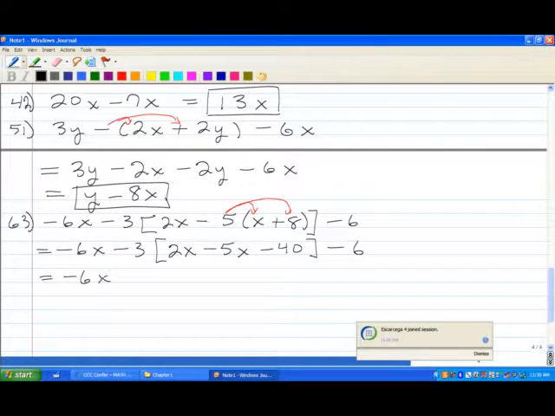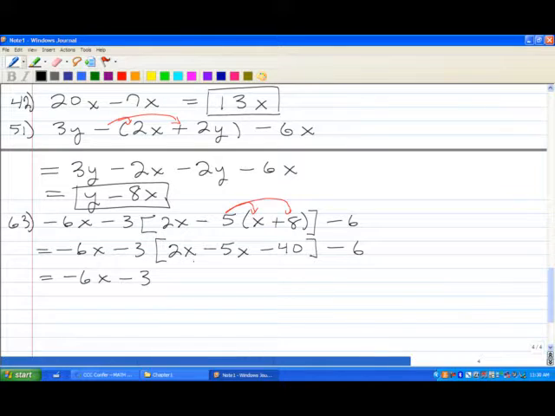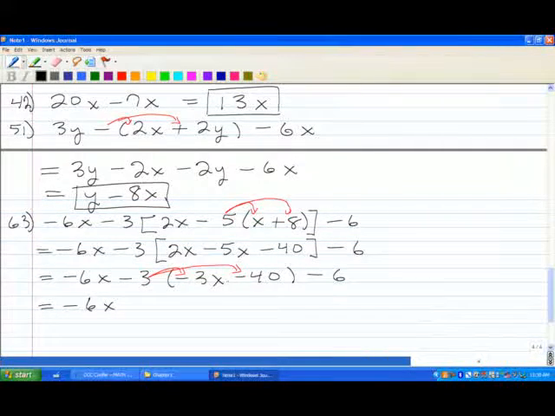And so 2x minus 5x is negative 3x, minus 40, minus 6. Let me multiply the negative 3 inside the parentheses. So by the distributive property, I have negative 6x, minus 3 times negative 3x is a positive 9x.